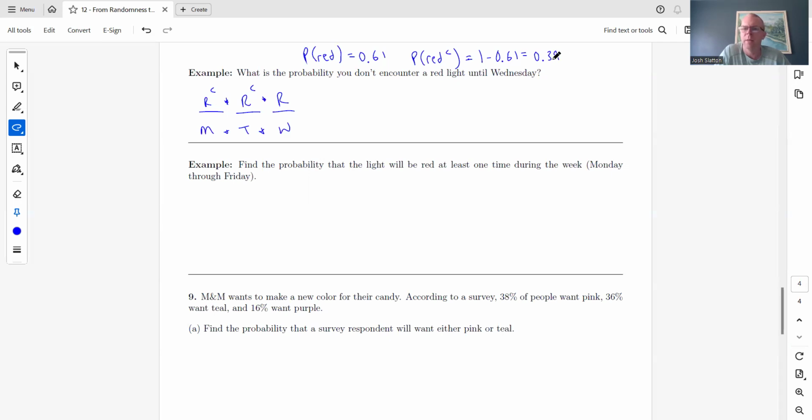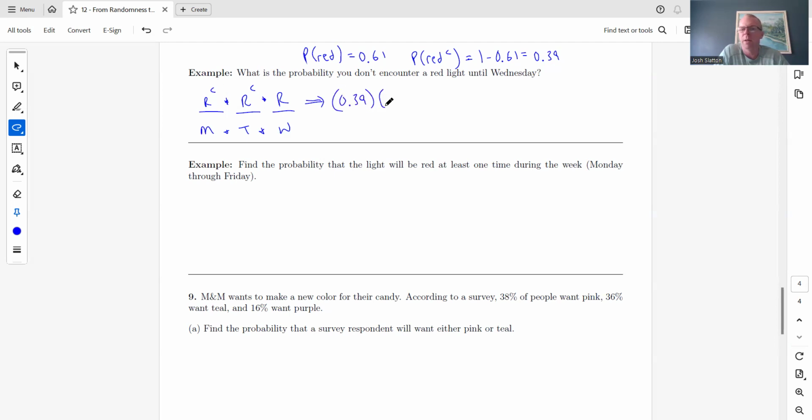And of course, you probably would notice if you remember or look back, the probability of green was 0.35, the probability of yellow was 0.04, and you add those together and you get 0.39. And of course, those are the 2 options besides red. So the probability you do not get red on Monday would be 0.39.